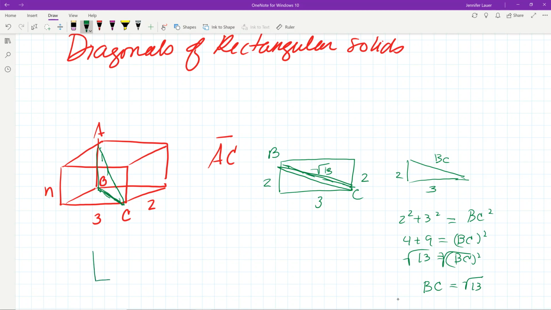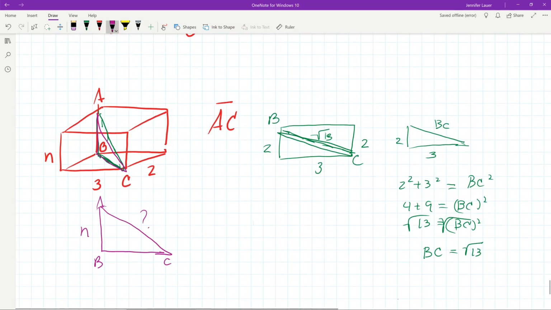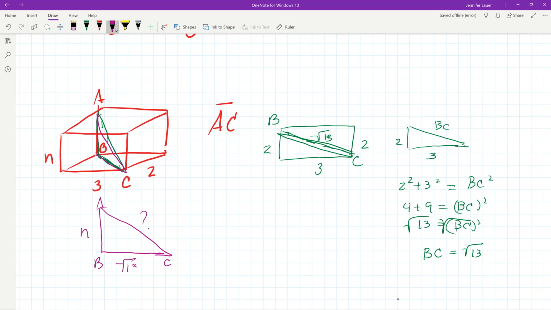So now I'm going to draw that diagonal. Let me draw this purple. The triangle I'm drawing now would be this one right here, here, and there. So if I were to draw that triangle, this is BC, this is AC, this is what we're looking for, right? This is N, and now we know that this bottom part is radical 13.